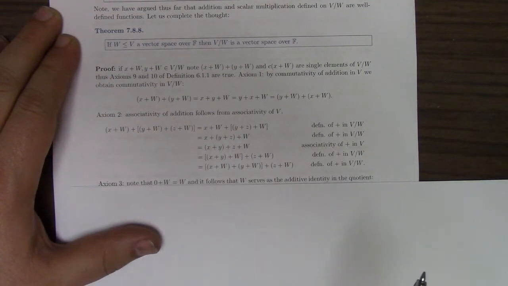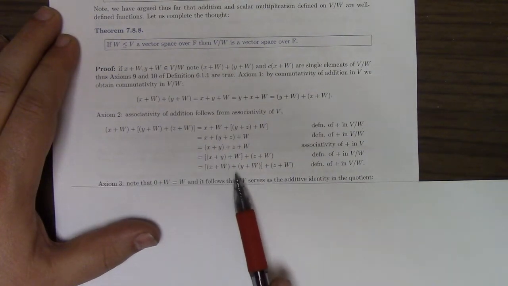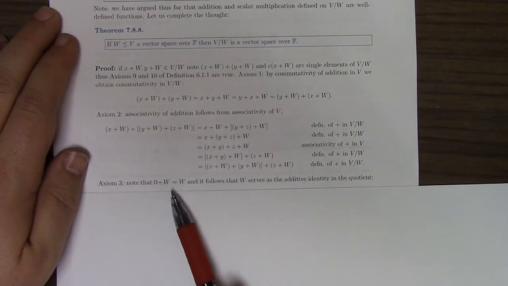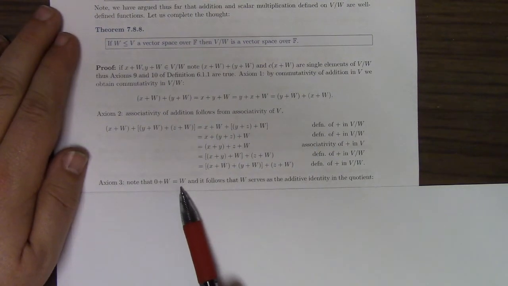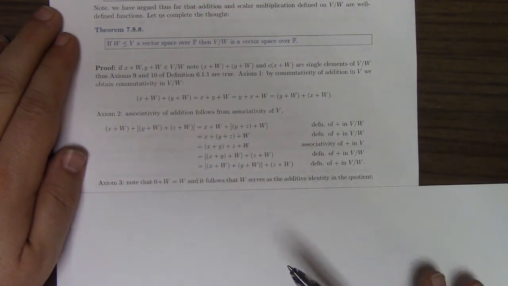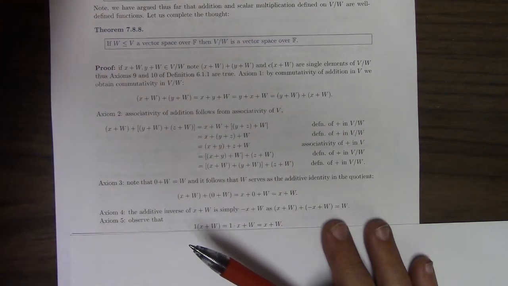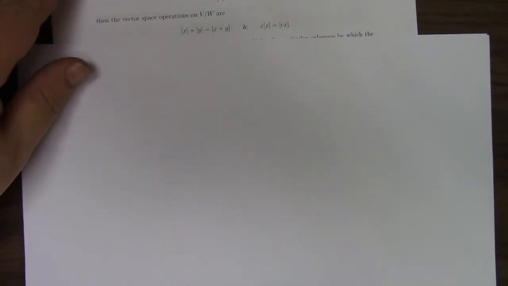And in fact, all of the axioms are kind of like this. We just directly steal from the corresponding axiom in the vector space itself. 0 plus w is w means that w itself serves as the 0 in the coset space. All right. So I'm going to go on here, but indeed, V mod W is a vector space over F, called the coset space.